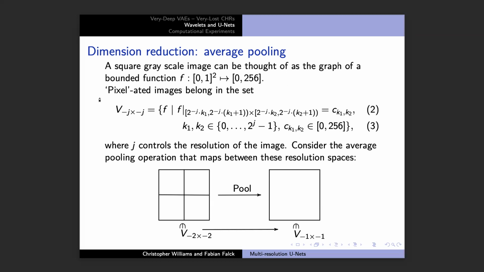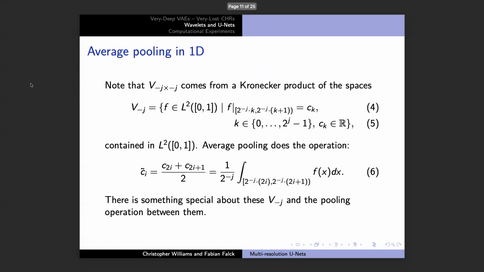But what's special about these VJs? Each one of these functions is bounded just on the unit square, so very easy. We can just say that they're also in L2. The other thing is that the V minus J by minus J space is just a Kronecker product of this, because the geometry is a square.